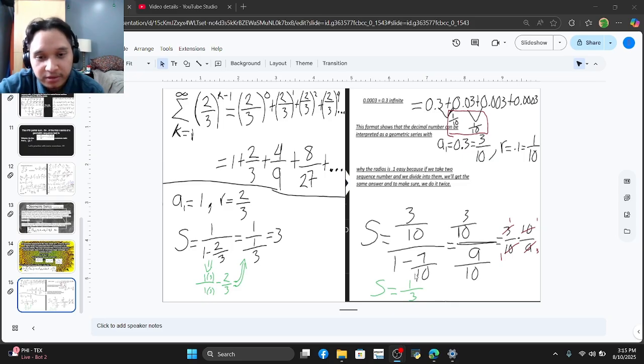We just have to have one number below on the denominator of the division. So we get 10 over 10 minus 1 over 10, which is 9 over 10.